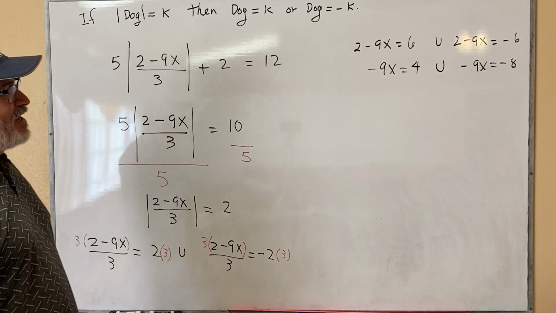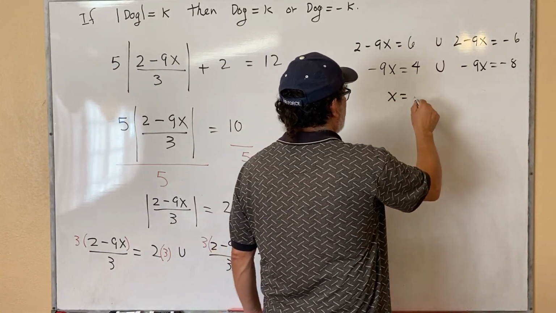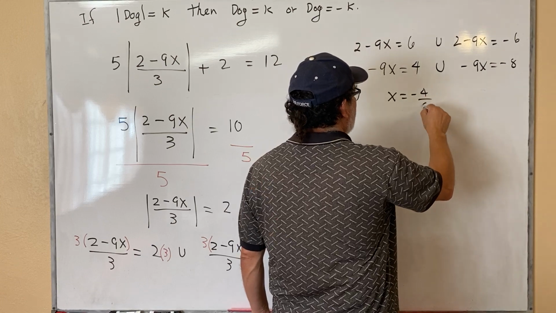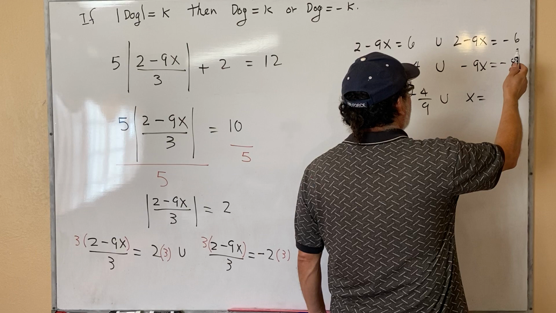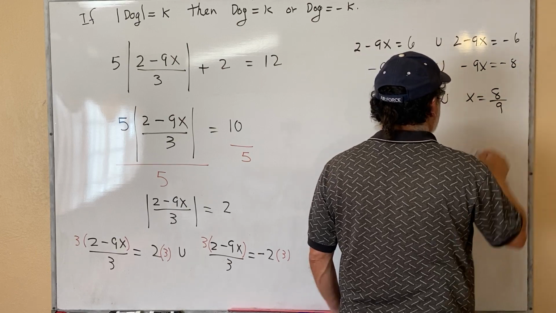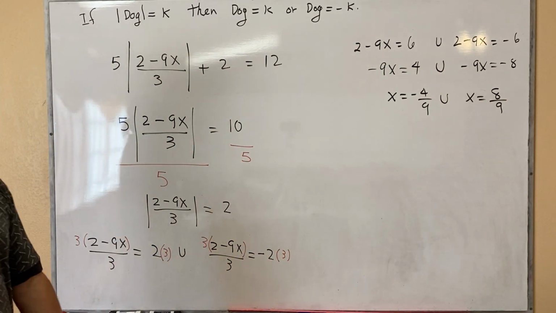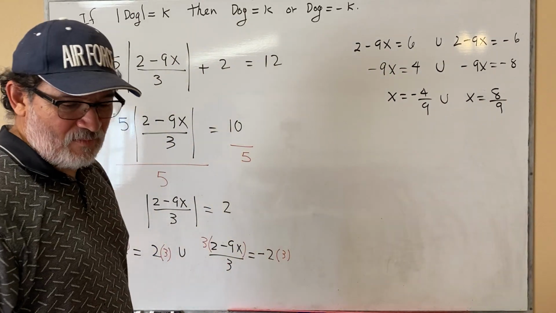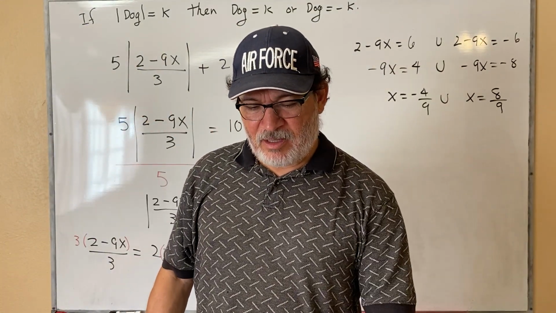Divide both sides by negative 9 so that x equals negative 4/9, or x equals, what's a negative divided by negative? Positive 8/9. And there's the solution. Okay? That's beautiful.